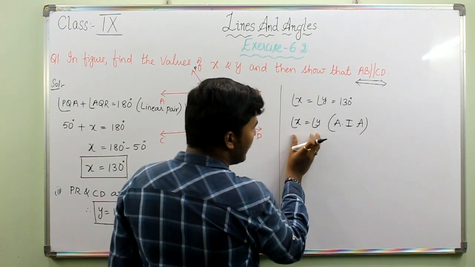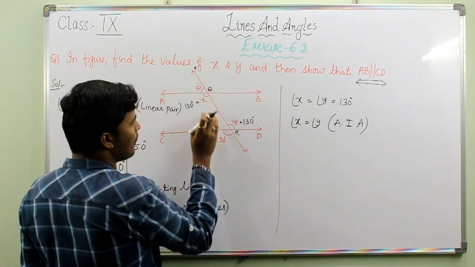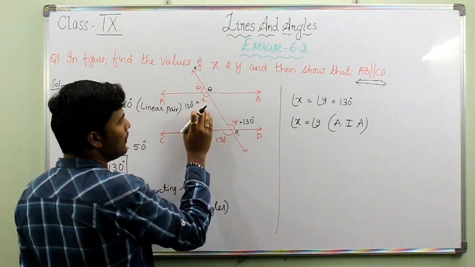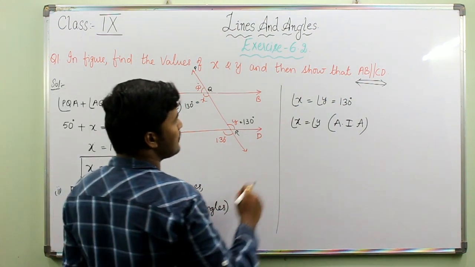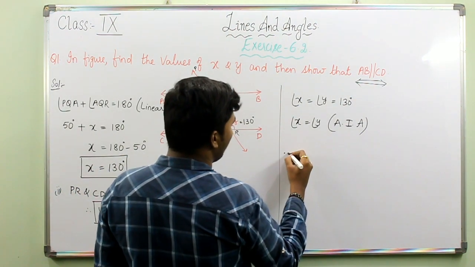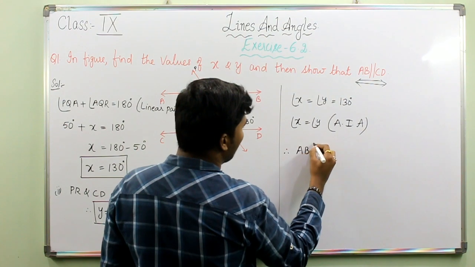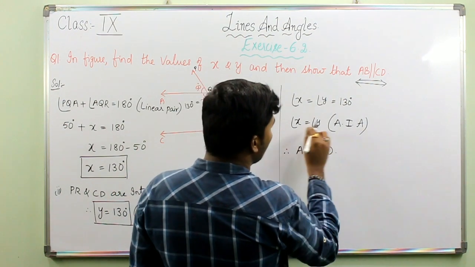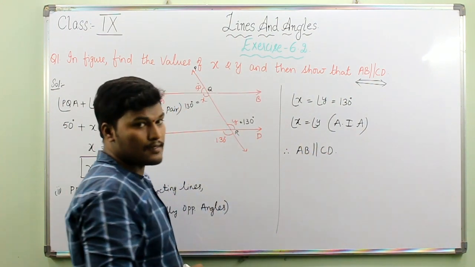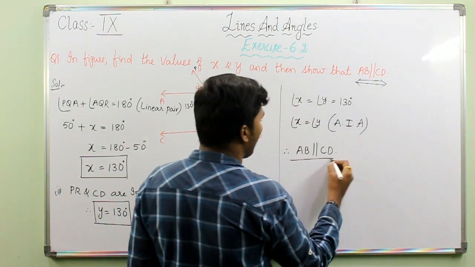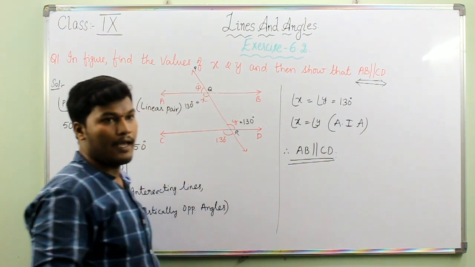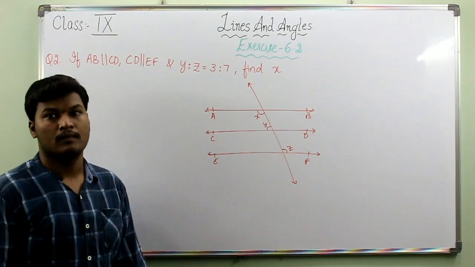If these alternate interior angles are equal, this is possible only when these two lie between the parallels AB and CD. Therefore AB is parallel to CD, because alternate interior angles are the same only when the lines are parallel. So we can prove that AB is parallel to CD.